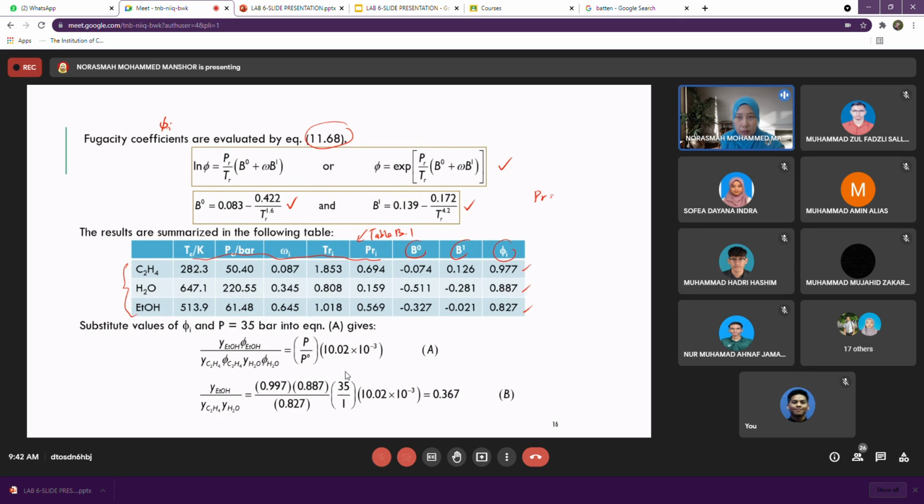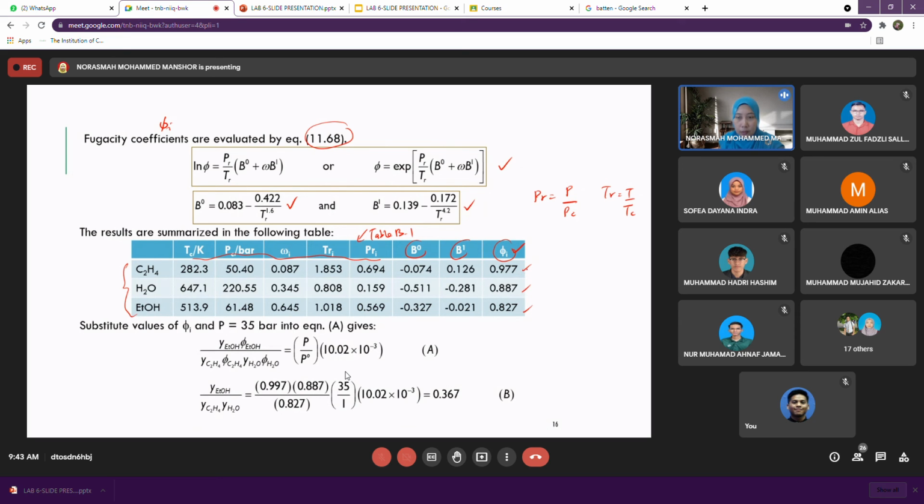Okay, PR adalah P over PC, TR adalah T over TC. Okay, you calculate semua ni B0, B1, and then substitute dalam 11.68 ni dapatkan V ni.